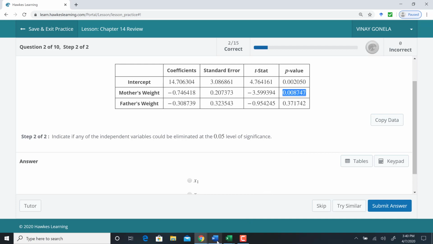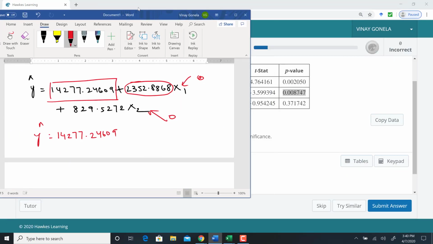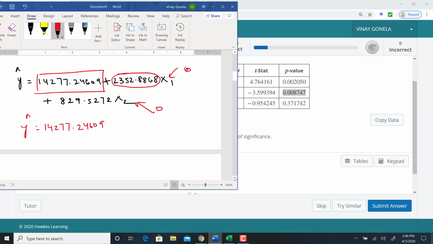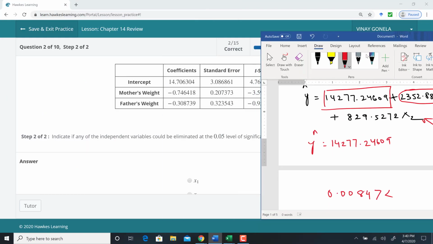So currently I will go here and write the p-value for mother. So the p-value for mother is given as 0.00847. Is it less than the significance level here given as 0.05?